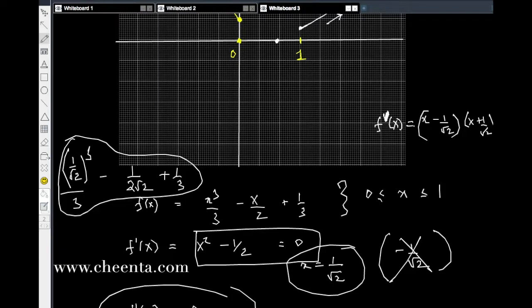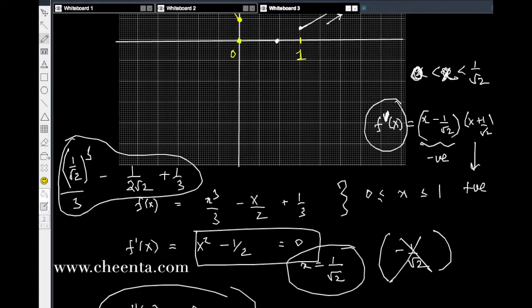If x is between 0 and 1 by square root of 2, then the first quantity is negative and the second is positive.